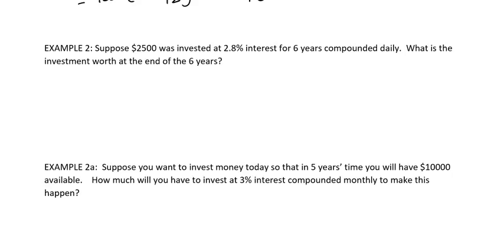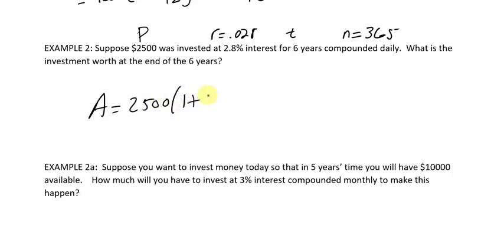P is 2,500 then. Put it there. The rate then, R, is 0.028. T is 6 and N is 365. So I'm going to plug that in. A equals 2,500, 1 plus 0.028 divided by 365 to the 365 times 6 power.